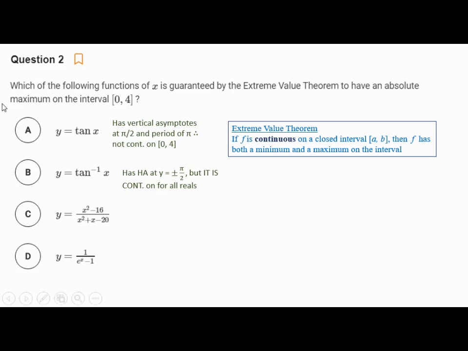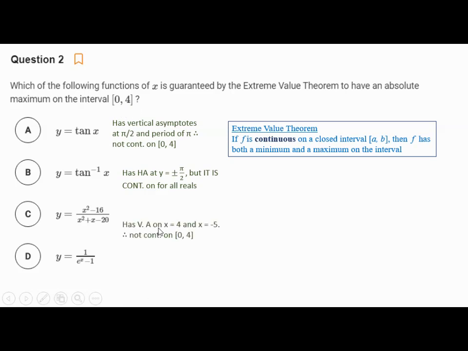The range of tangent x was all real numbers, so now the domain of tangent inverse x is all real numbers. Therefore, this function is continuous for all reals, which means it is going to be continuous on the interval of 0 to 4, including 0 and 4.